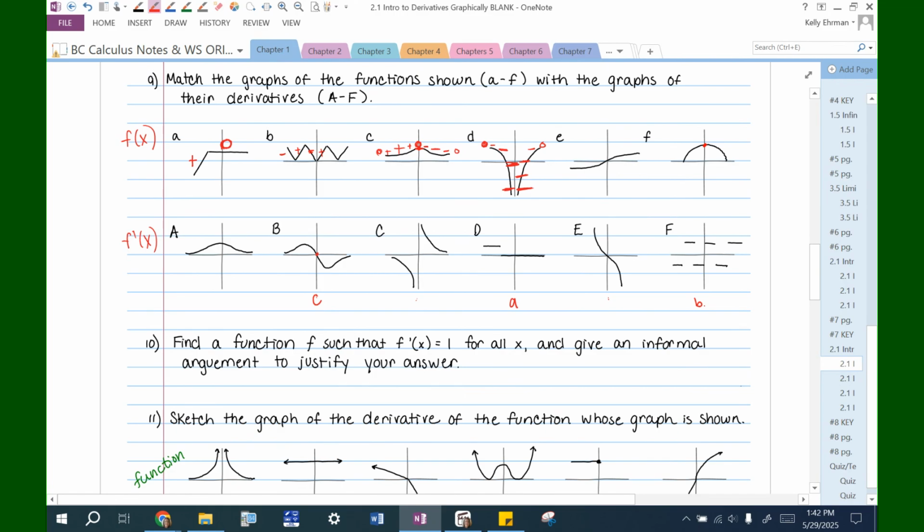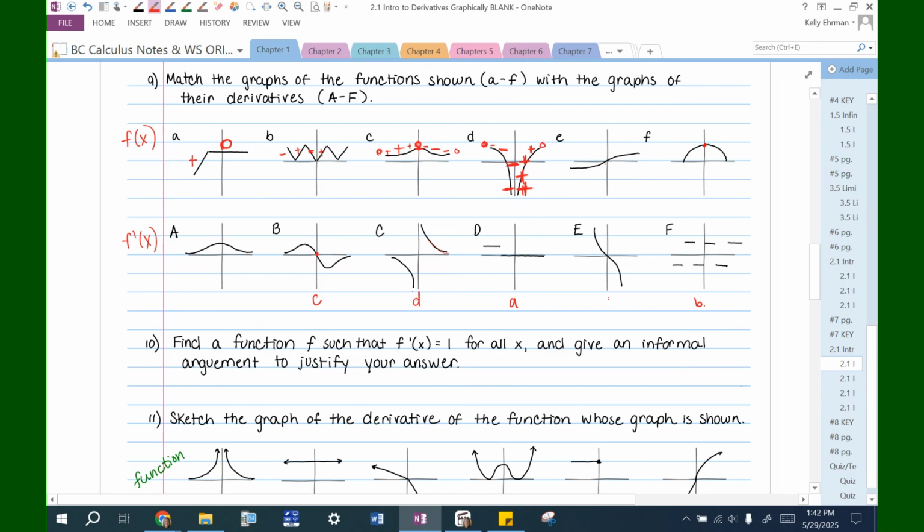Oh, wait, sorry, these are positive. Positive, positive, super positive, positive, positive. I was going to say, I don't see a graph like that. That's this one, right? It's close to 0, but negative, and then it gets super negative down here. And then it starts off really positive f primes and then getting closer to 0. So capital C goes with lowercase d.